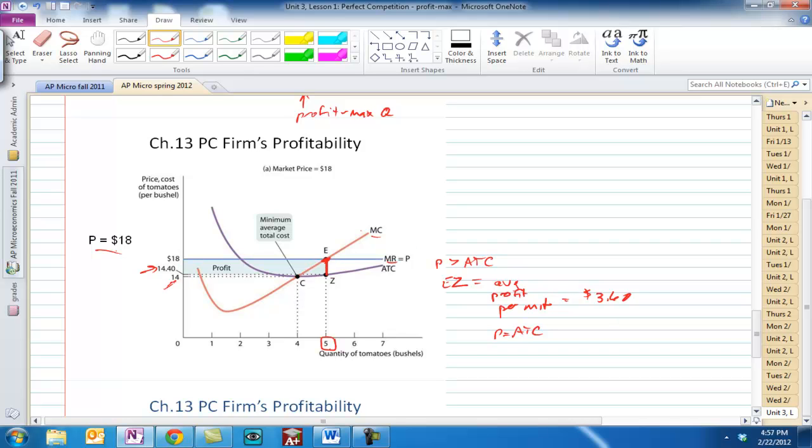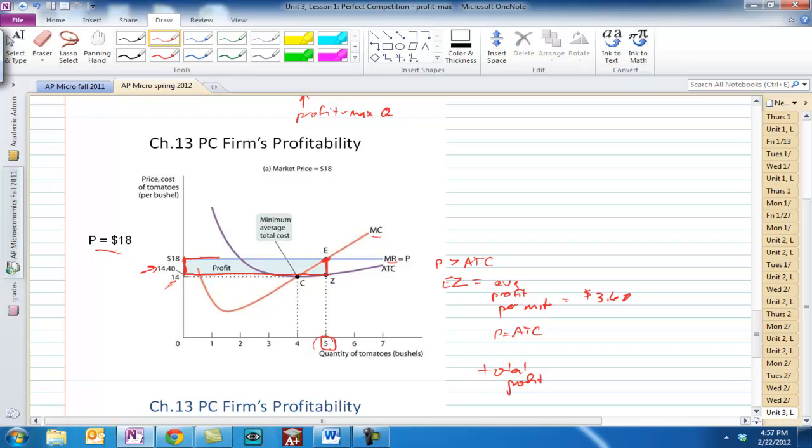Anyway, if that's the profit per unit, then the total profit we can just take by multiplying the average profit per unit times the number of units. In other words, this area here, oops, should be at 14.40, not 14. Let me undo that. This actually does not cross through point C, which is the minimum average total cost point.